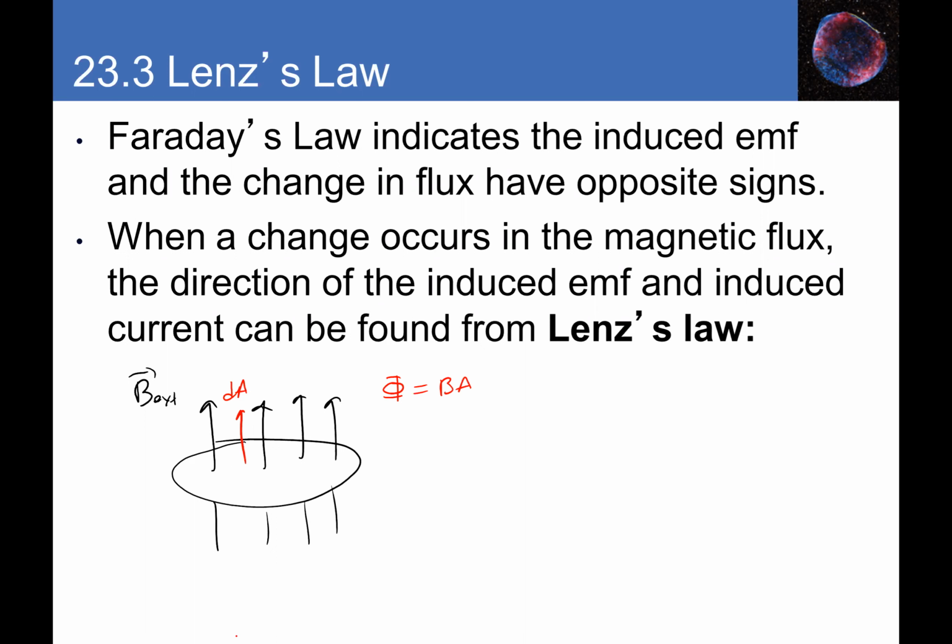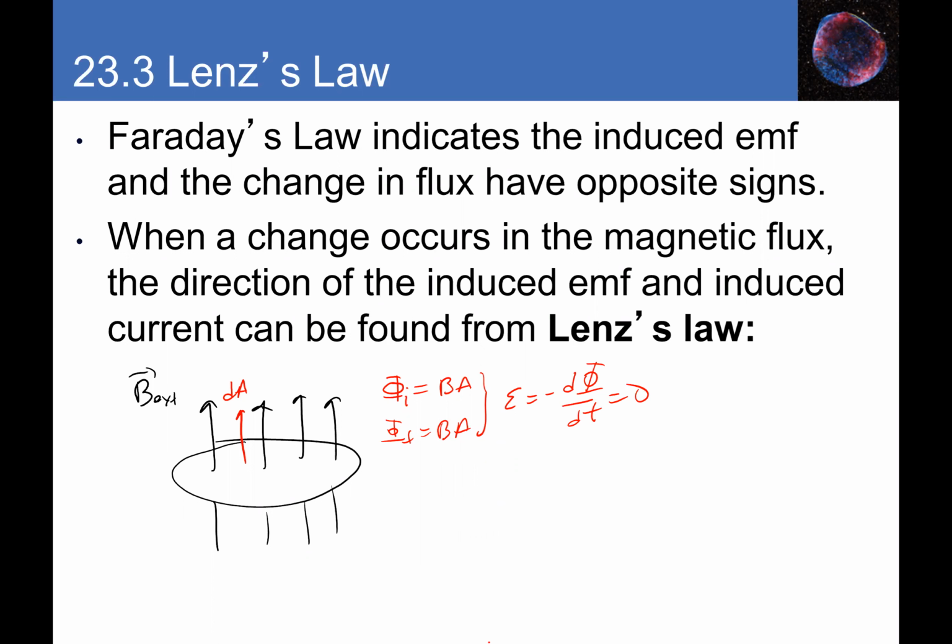But if the magnetic field is constant, uniform and non-changing, the flux initially and later is still B times A. Then the induced EMF, which is negative change in flux over time, is 0 because the flux is not changing.